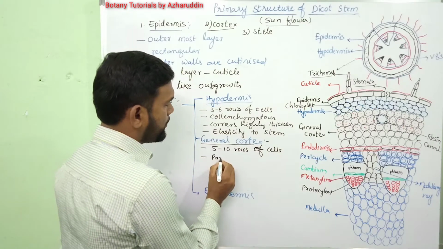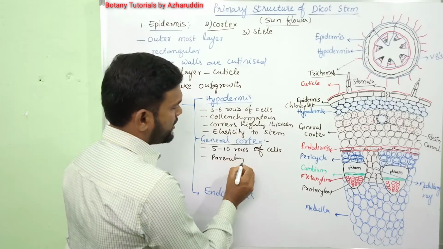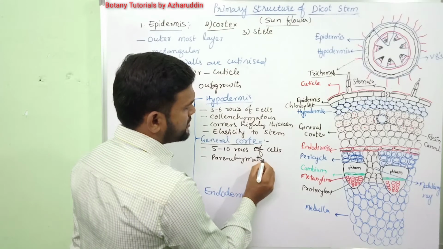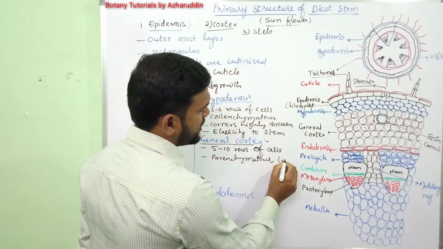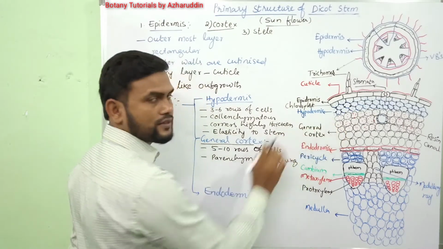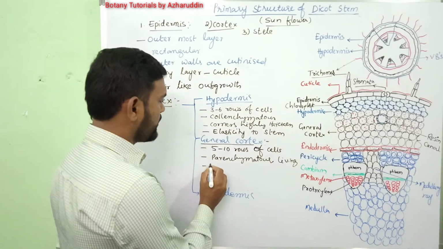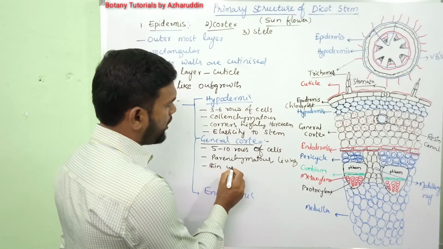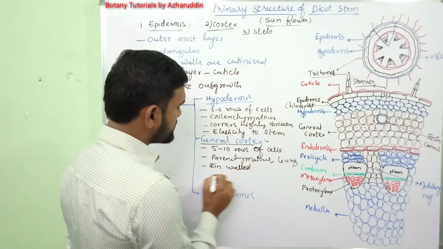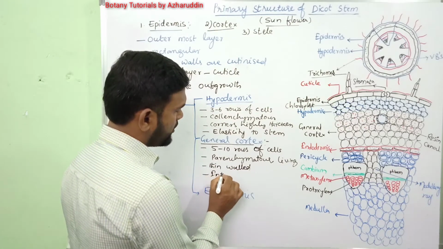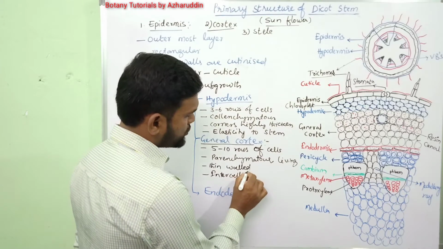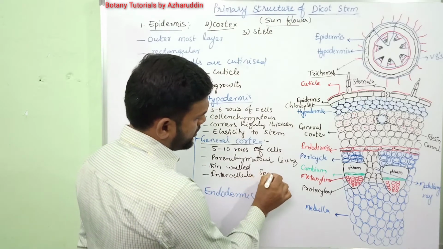They are living cells. Next, cells are thin walled, and they show intercellular spaces.